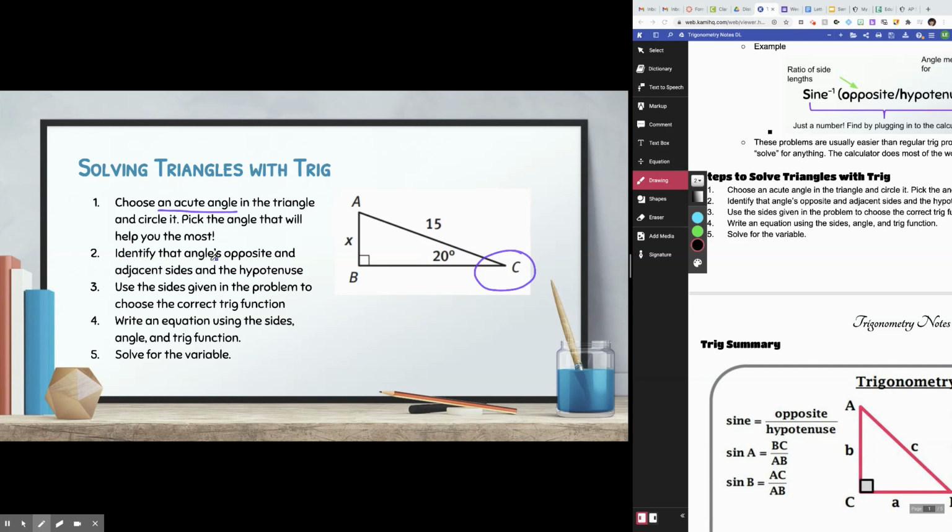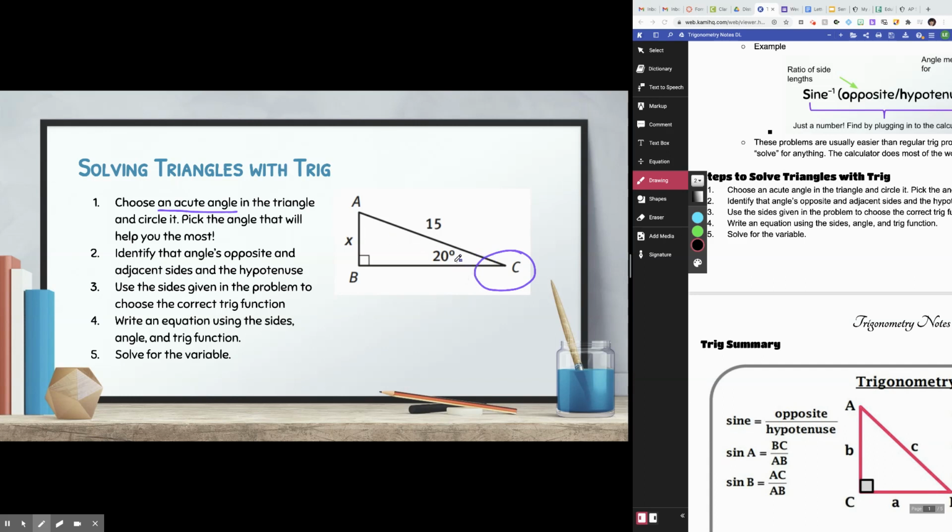Step 2 is to figure out where that angle's opposite and adjacent sides are in the triangle. Remember, all these trig ratios deal with opposite and adjacent sides. When we've talked about the opposite of something, it's always the side that is farthest away.